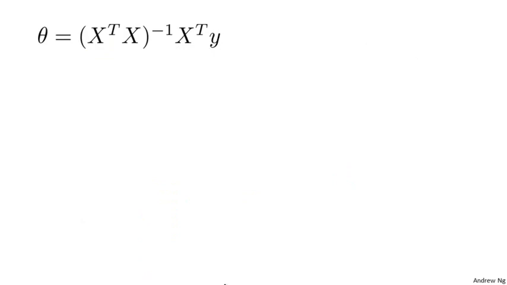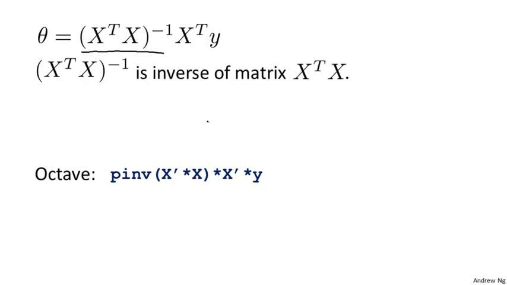I just want to make sure that this equation makes sense to you and that you know how to implement it. So, concretely, what is this x transpose x inverse? Well, x transpose x inverse is the inverse of the matrix x transpose x.